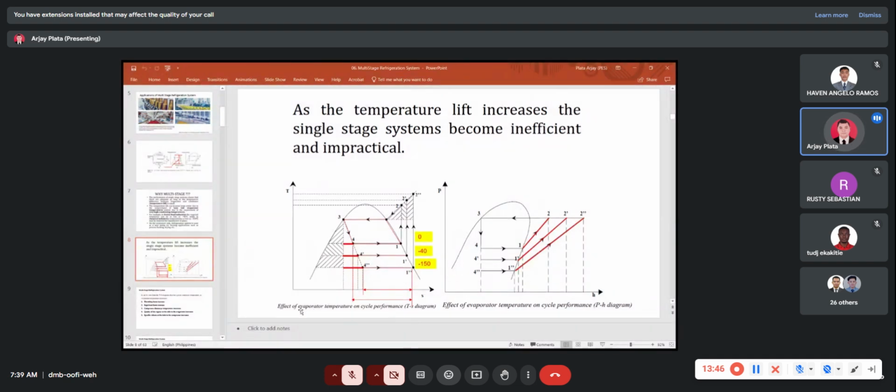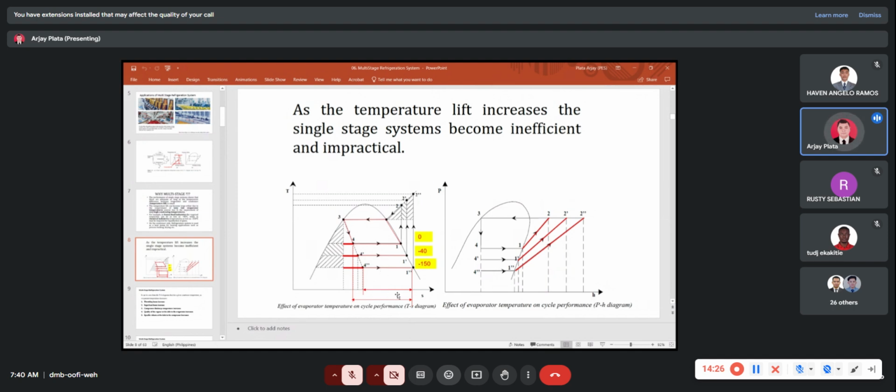So this is the effect of evaporator temperature on cycle performance, TS diagram. As you can see, as the temperature decreases, the refrigerating effect also decreases.